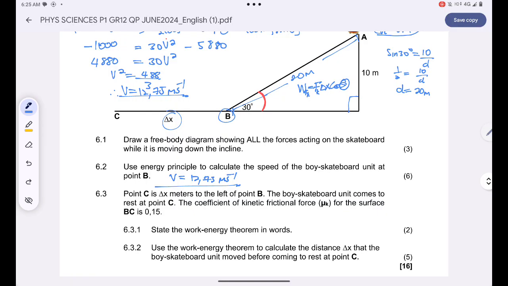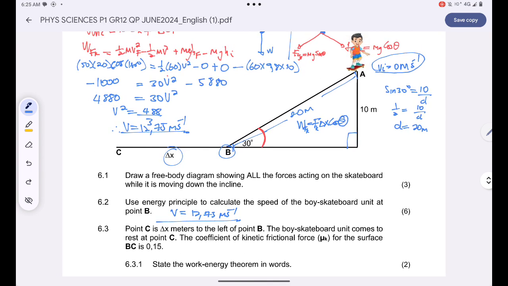The boy skateboard unit comes to rest at point C. The coefficient of kinetic frictional force for the surface BC is 0.15. The first question, they want us to state the work energy theorem. It simply states that the net work done on an object is equal to the object's change in kinetic energy.